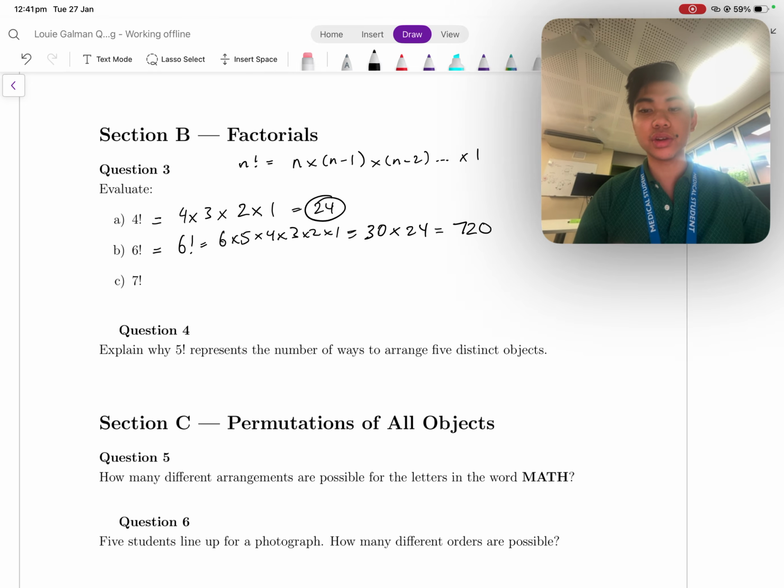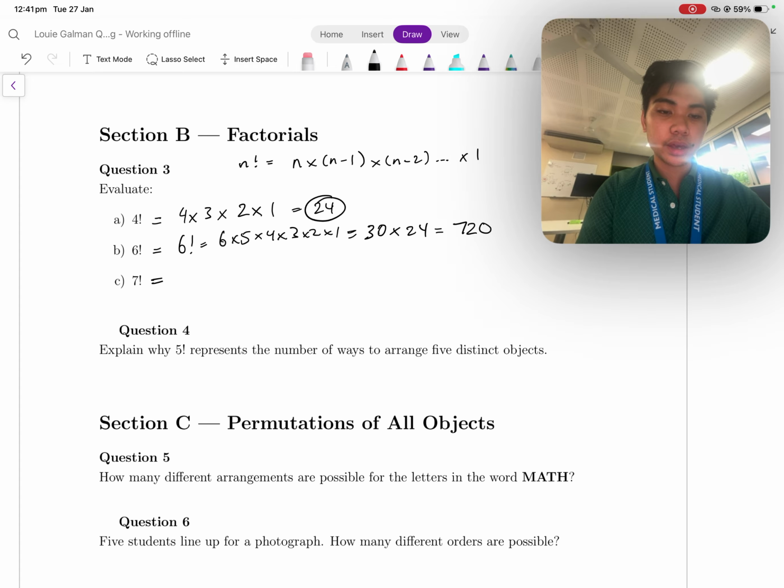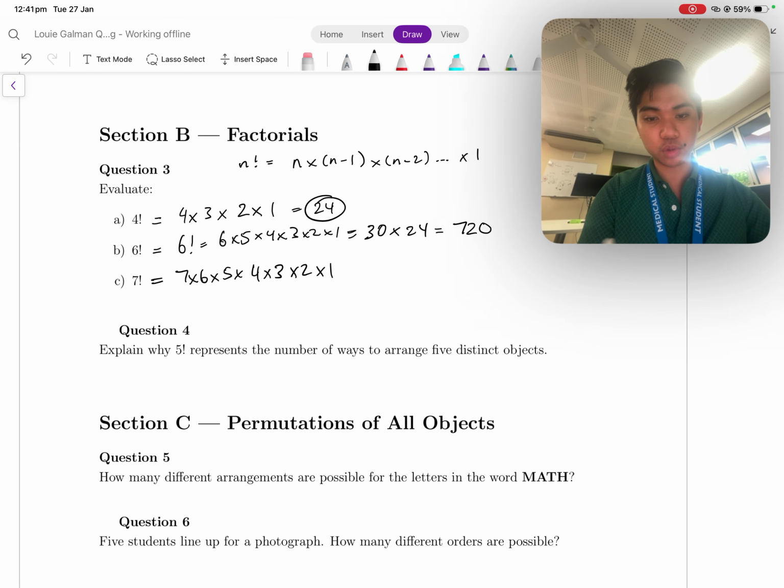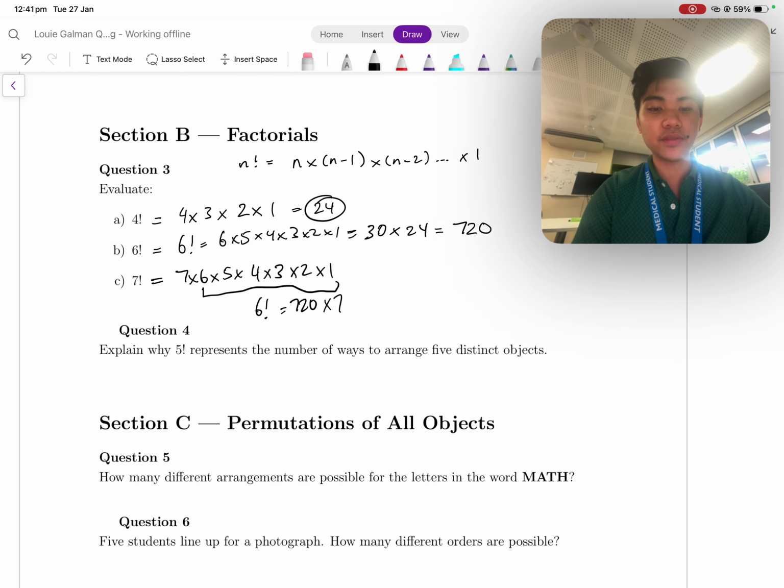So the answer is 720. 7 factorial is 7 times 6 times 5 times 4 times 3 times 2 times 1. Same strategy. We know what 6 factorial is, 720. Just multiply that by 7.